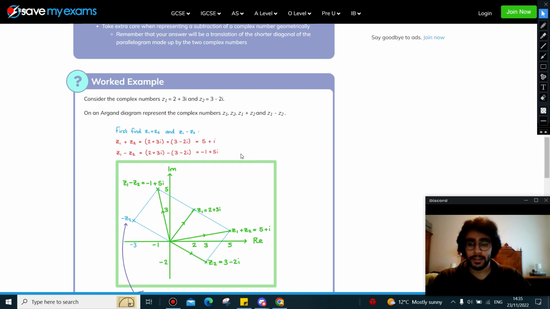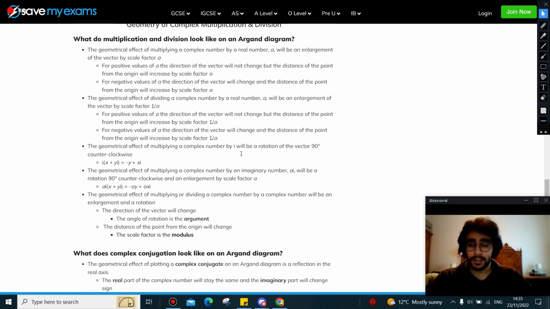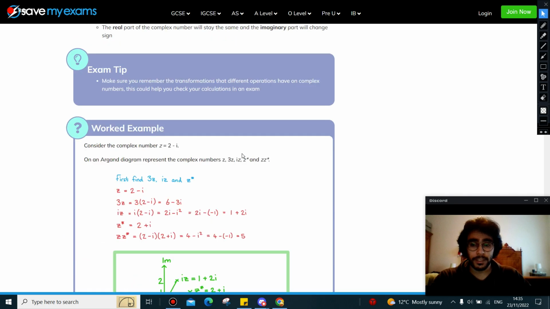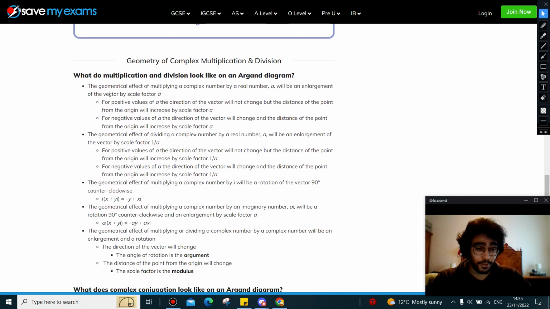What else do we need? There's, of course, multiplication and division, and how we actually deal with them. It's a little bit confusing, maybe, this part, but bear with me. It says that the geometrical effect of multiplying a complex number by a real number a will be an enlargement of the vector by a scale factor a. So it means that if you have a complex number, let's say 5 plus 2i, and you multiply this by a real number, let's say 2, you are just enlarging your vector 2 times, right?